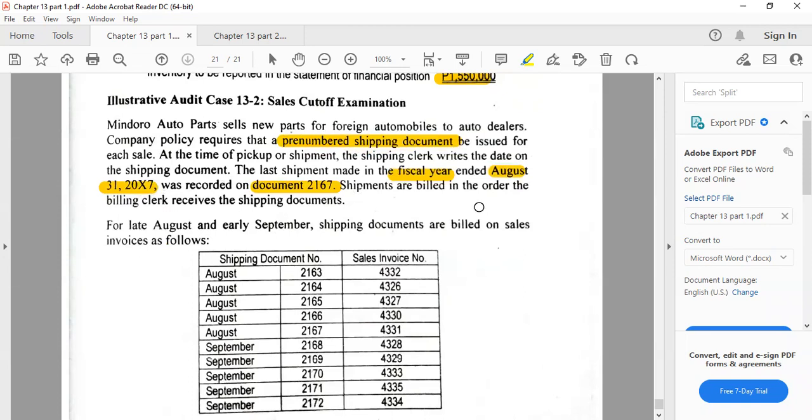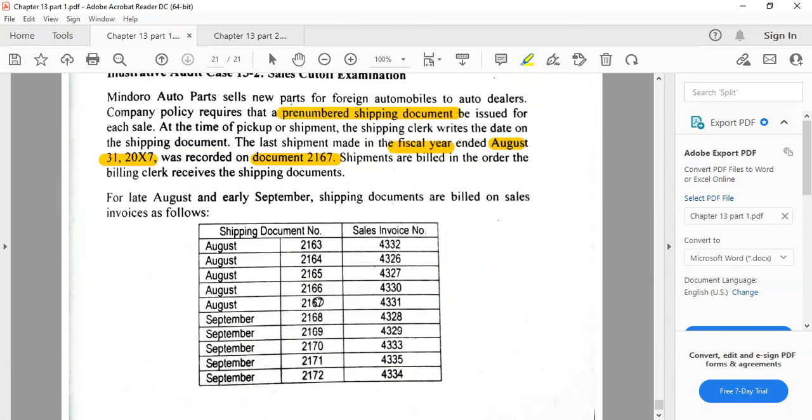Shipments are billed in the order the billing clerk receives the shipping documents. For late August and early September, shipping documents are billed on sales invoices as follows. So take note, it was mentioned that the last shipment made as of the cut-off period, August 31, was document 2167. And indeed here, that is the last shipment in August. Okay, so late August, early September.